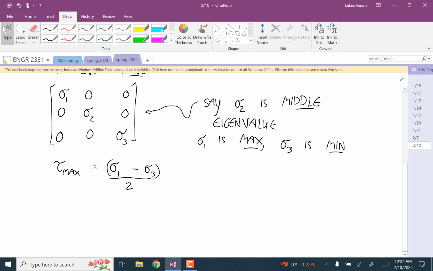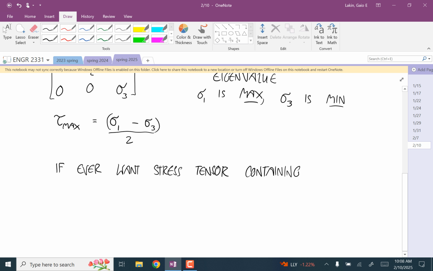But if you ever want the full stress tensor that contains the maximum shear stress, and what this would be is a stress tensor actually containing the maximum absolute value of shear stress. This is really the maximum shear stress because it always comes out positive.